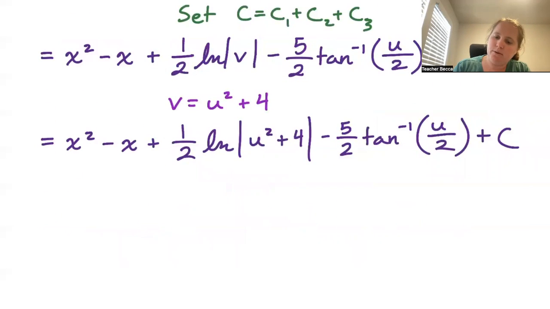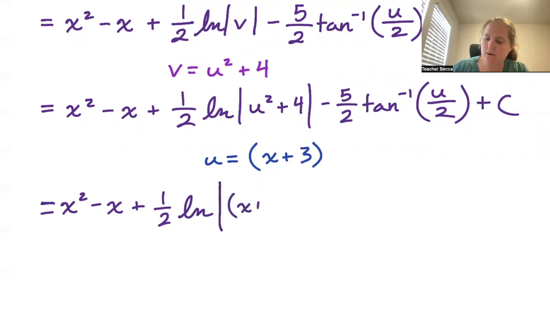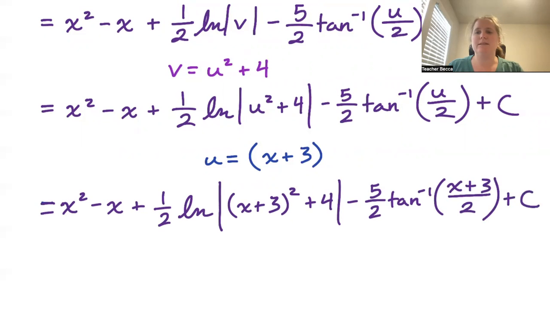And here our u was x plus 3. So we can go ahead and plug that in, and we are looking at x squared minus x plus 1/2 times the natural log of the absolute value of x plus 3 squared plus 4 minus 5/2 tan inverse of x plus 3 over 2, and then plus c.